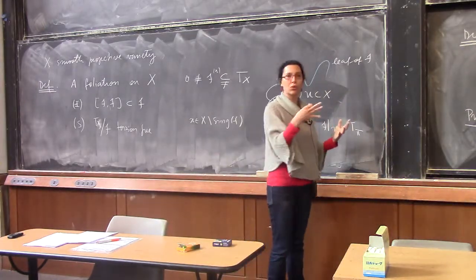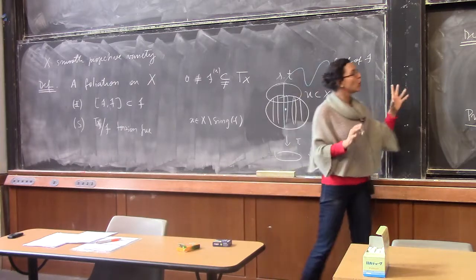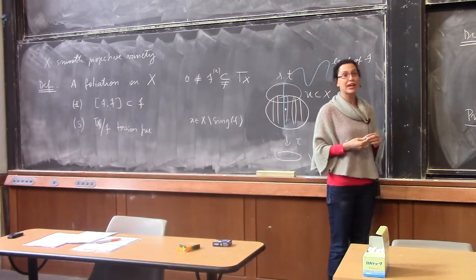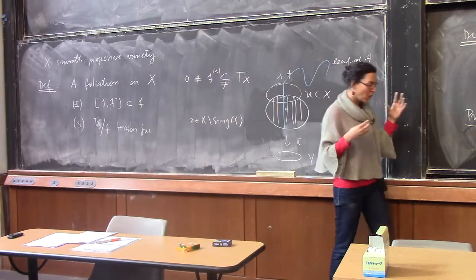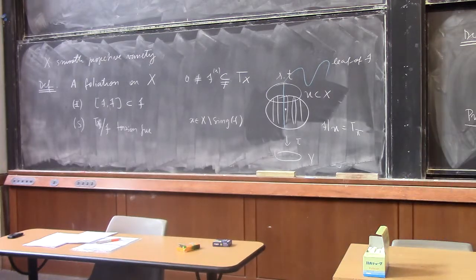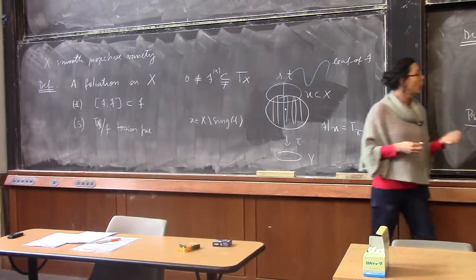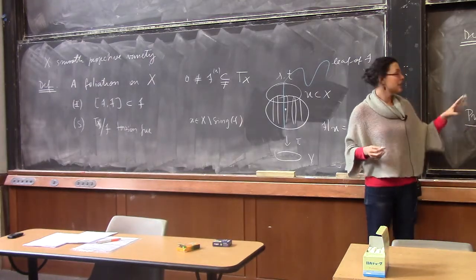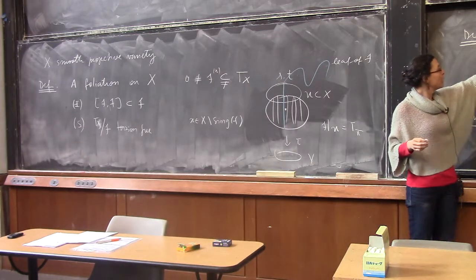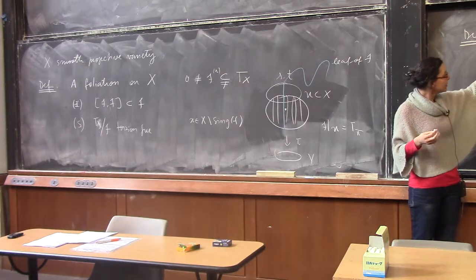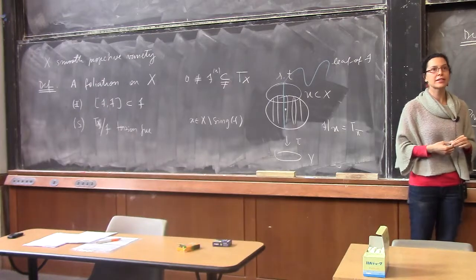McQuillan and Brunella worked a lot on that, and I think that culminated with Brunella's classification of foliations by curves on surfaces. He had a classification that is very similar to the classification of algebraic surfaces, and that is based on the behavior and the sign of the canonical class.